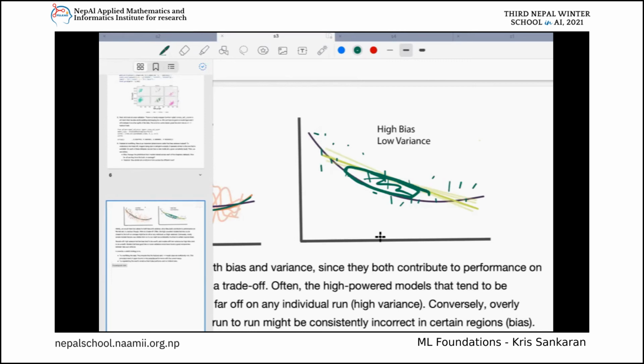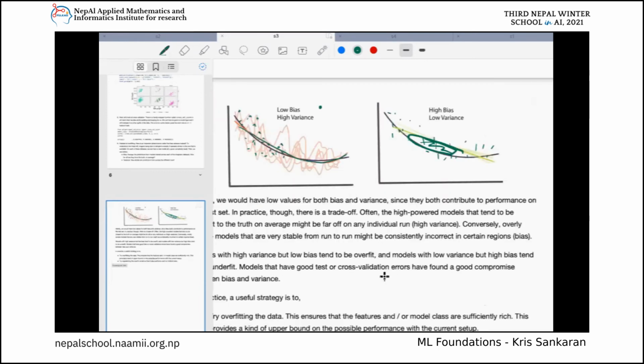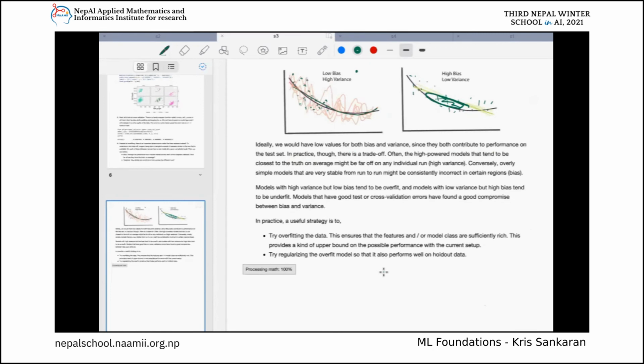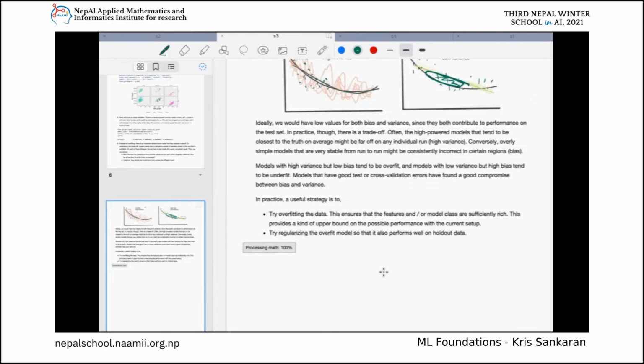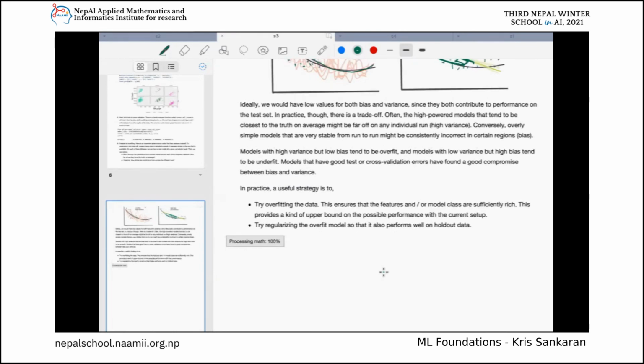Okay, let's zoom out again. A general, very practical tip is that I think it's often easier to start from a very complicated model and then trim it down and regularize it, rather than the other direction, right? The idea is to overfit the data, because then you know that your model class is rich enough.